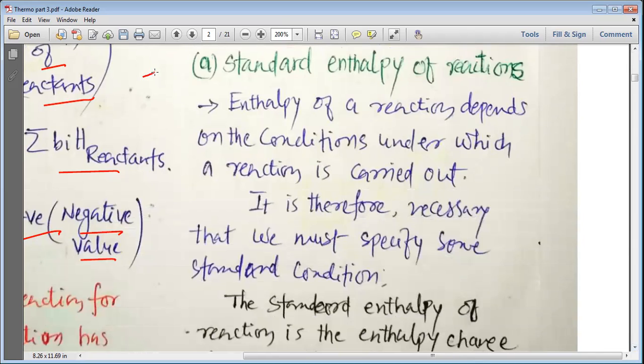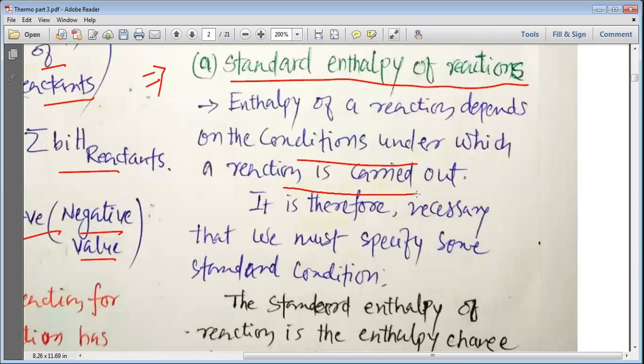Now the next thing we want to study is the standard enthalpy of reactions. We have studied the enthalpy of the reactions. Now we want to study the standard enthalpy of reactions. Enthalpy of reaction depends on the conditions under which a reaction is carried out.